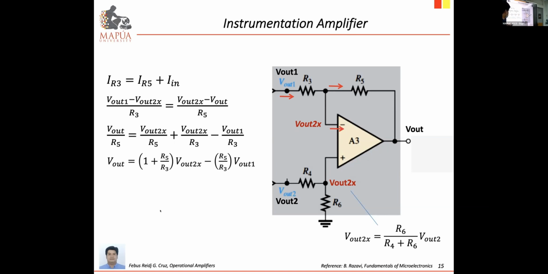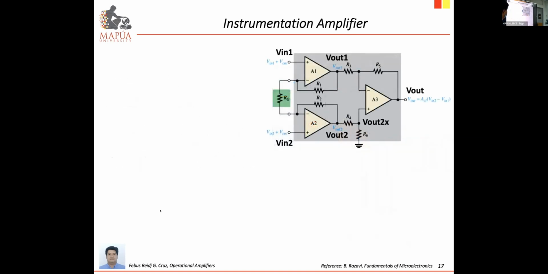So, substitute. So, this is our equation. V out is 1 plus R5 over R3 times V out 2X minus R5 over R3 times V out 1.